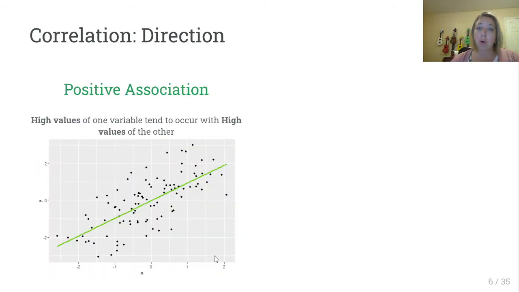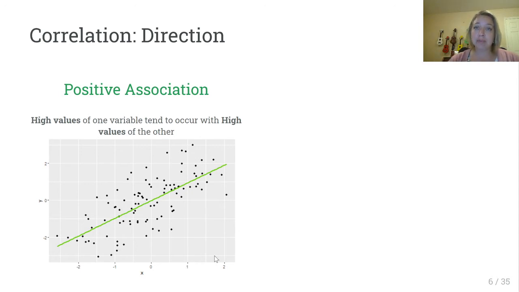So when we talk about correlation, we can talk about several different aspects: direction, strength, and form. So direction, we can either have a positive or a negative direction. And this goes along with the positive and negative slope you learned about in plotting way back in middle school and high school. So when we're reading from left to right, if the line is going up, it's a positive relationship.